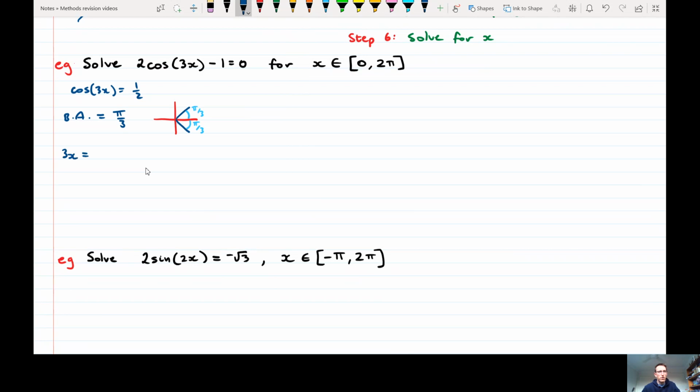So 3x will equal, well, I always go from the positive x-axis anticlockwise. If I'm going around that way, I come across the solution at pi over 3. And then I go all the way around and come across this one. But this one can be described as 2 pi all the way around, back that pi over 3, which is given by 2 pi minus pi on 3. And then I simplify that to give you pi over 3, comma, 5 pi on 3.